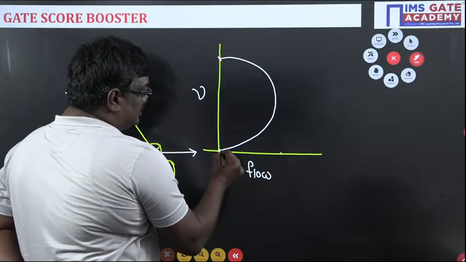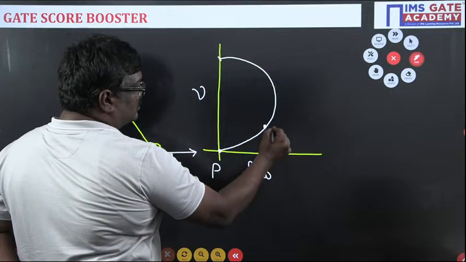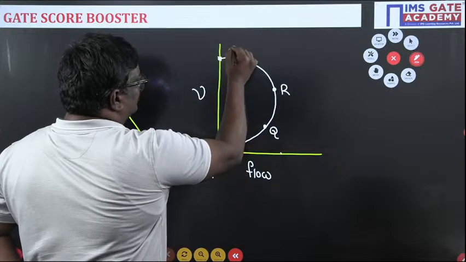This is P, right? And this is Q, and this is R, and this is S.